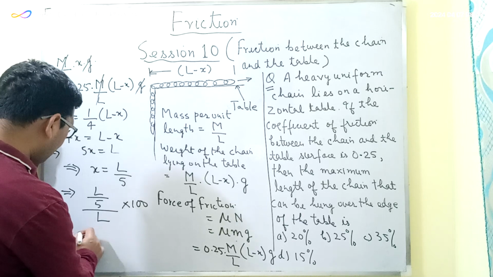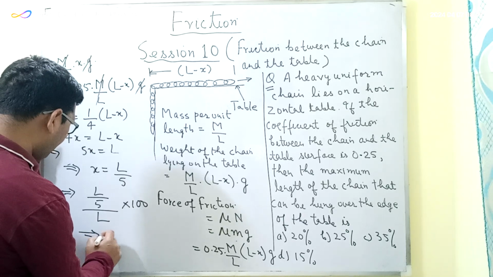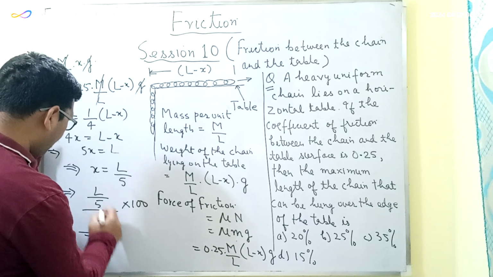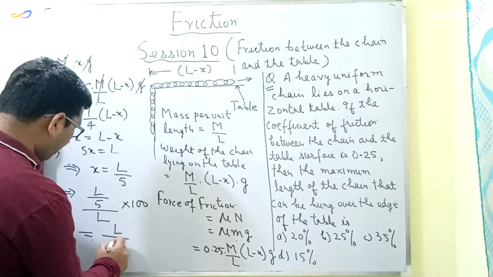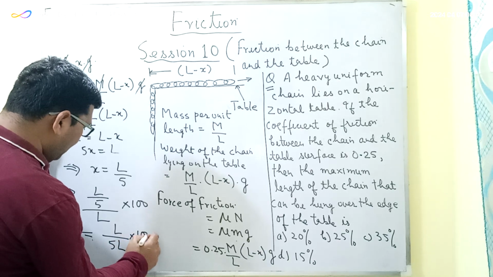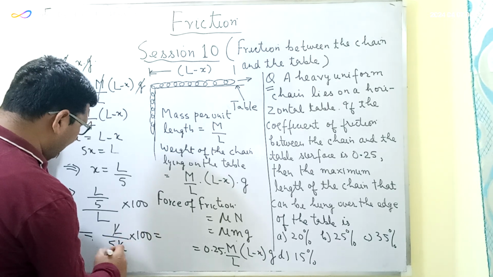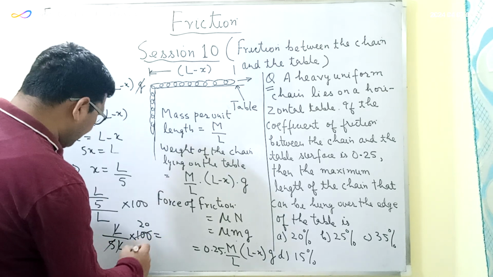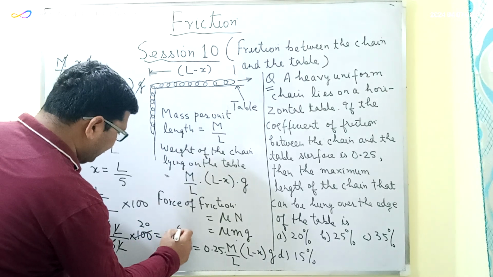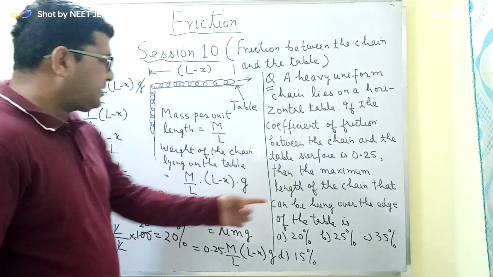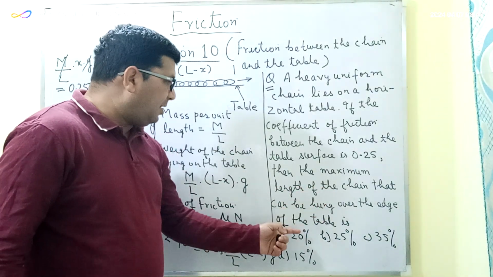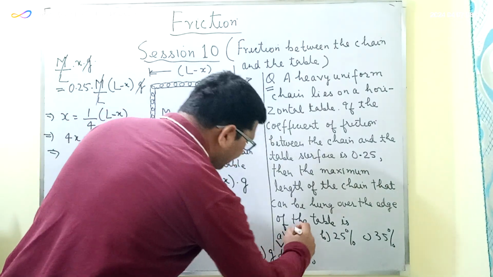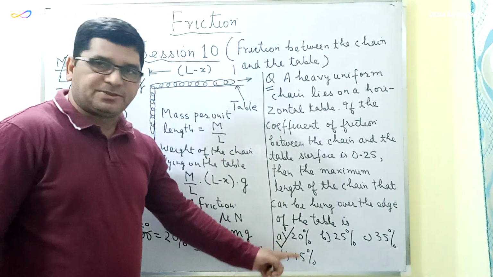So this is equal to L upon 5L into 100, and L and L will cancel out, and 100 by 5 is equal to 20, so this is equal to 20%. So the maximum length of the chain that can be hung over the edge of the table is 20%. So the correct answer is A, that is 20%.